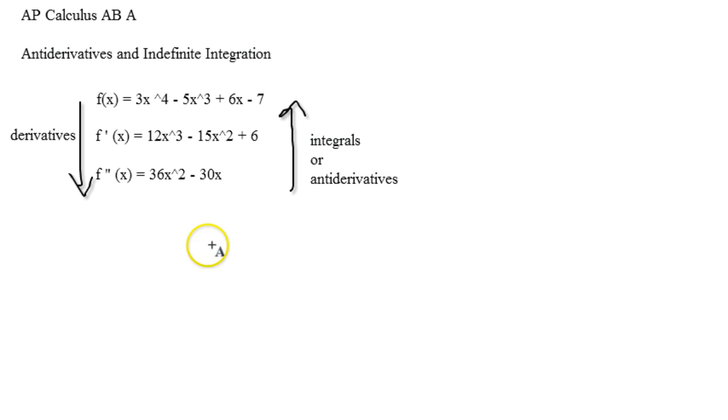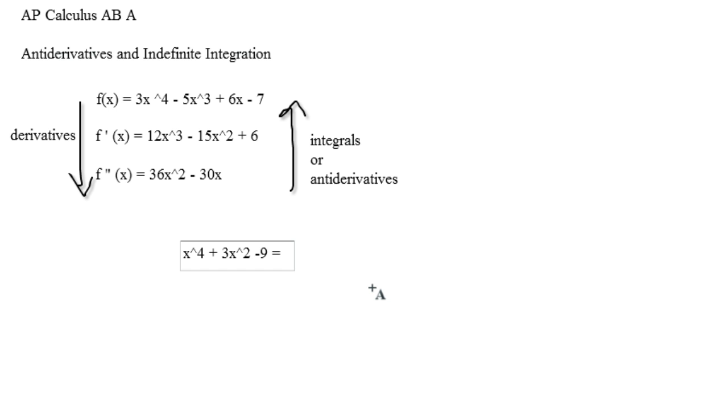All right, so when we're going backwards, let's say we just start with a simple function. Let's say x to the fourth plus 3x squared minus 9. Something that looks like this.